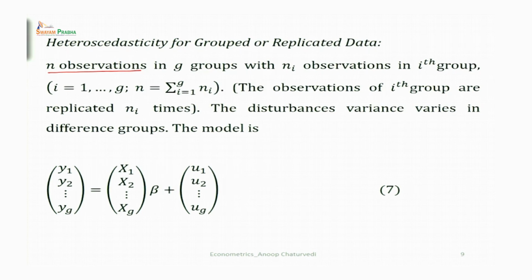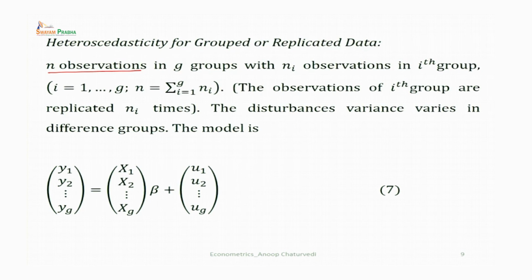You have G groups, you are taking observations from these G groups and you are replicating the observations from the ith group n_i times. So, we have replicated data. Then the disturbances variance varies in different groups.